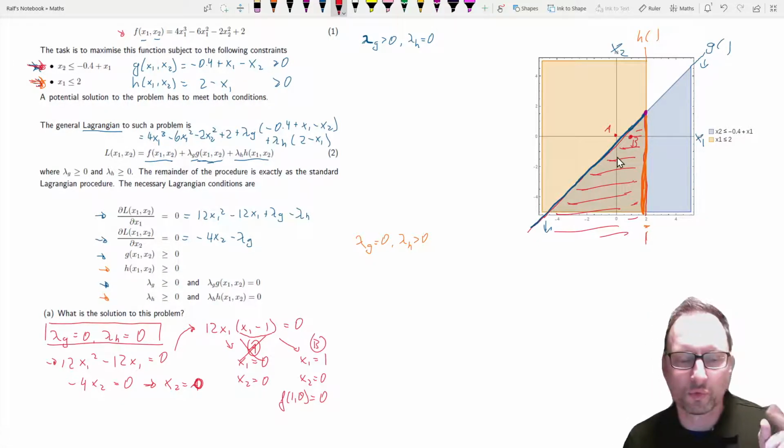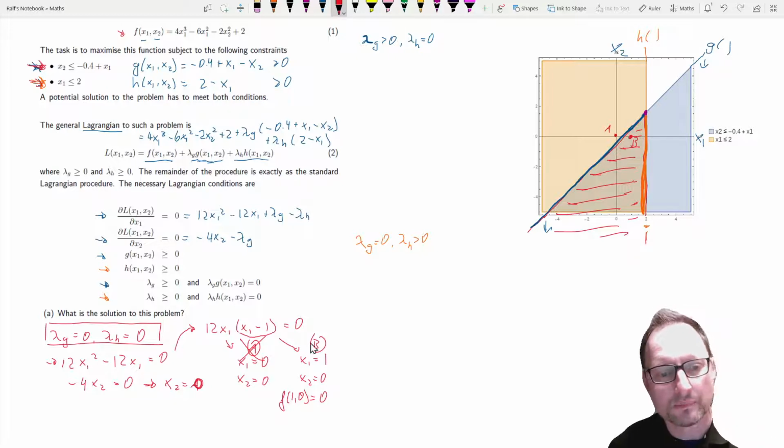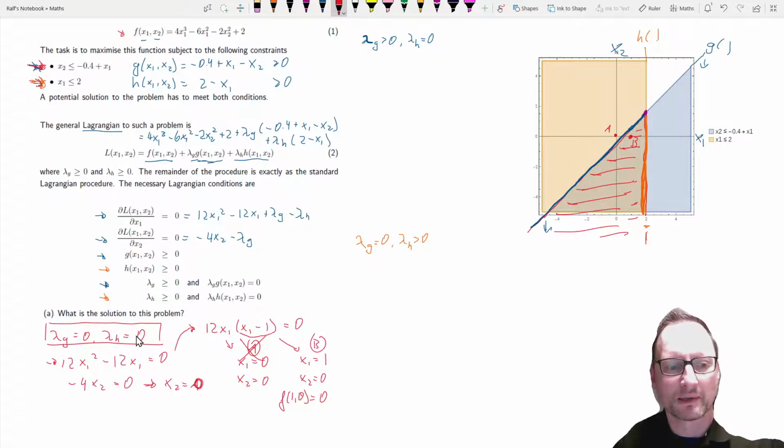So far we found one potential solution, point B, which meets all of these 6 conditions. Remember, we assumed lambda G and lambda H equal to 0, so these last 2 were met by assumption. So let's start looking at the blue boundary.